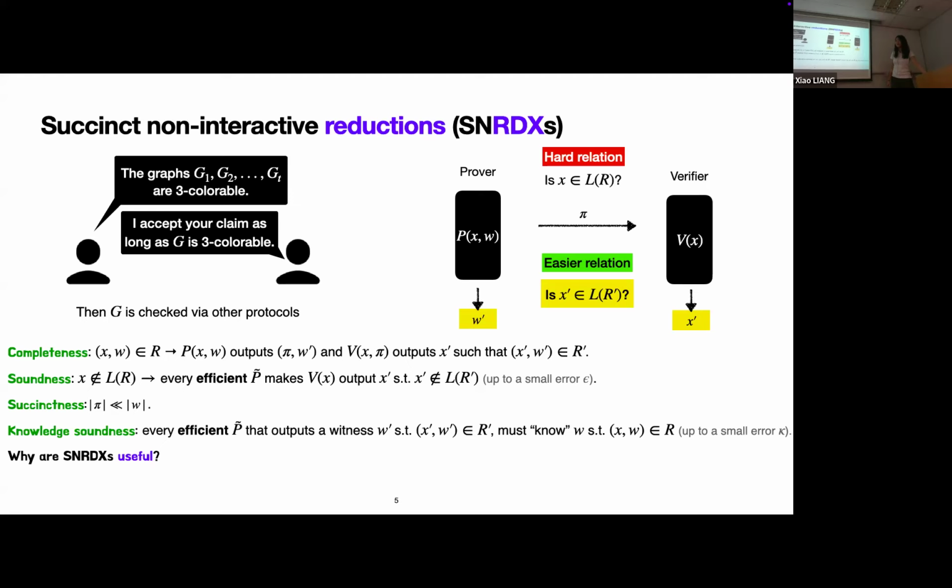Yes, it's about whether the reduction is correct. So if X is a true yes instance, then X prime should be a true instance for the honest prover. If X is a no instance, then this should be a no instance with high probability. Yeah.